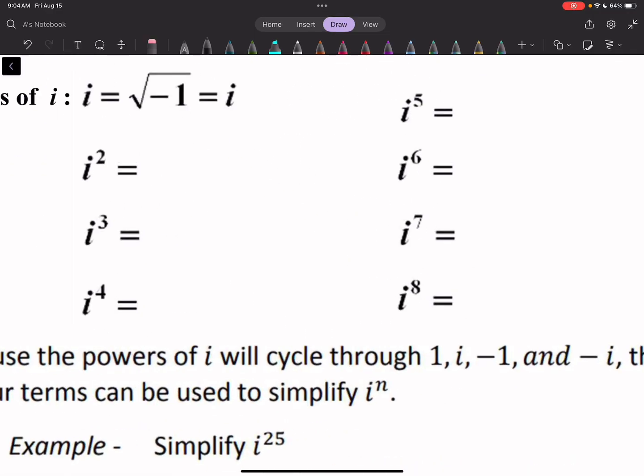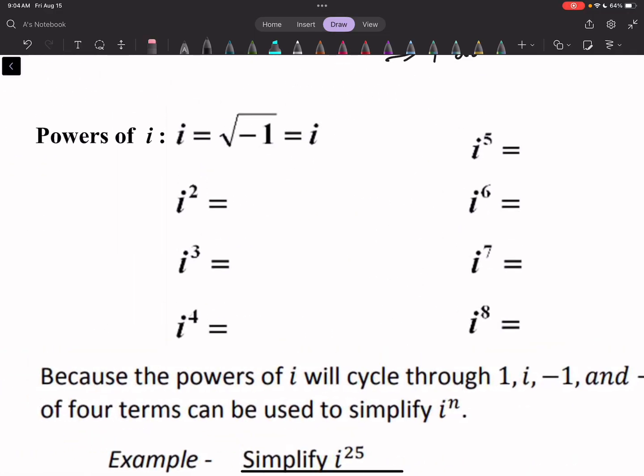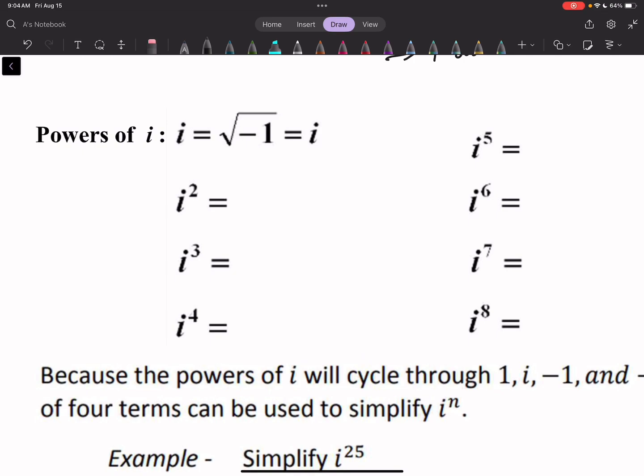Now let's talk about the powers of i. In my opinion, once you see this pattern, it is really easy to do these. First off, by definition, i squared is negative 1. How about i cubed? Well, i cubed is i squared times i. This is negative 1 times i.